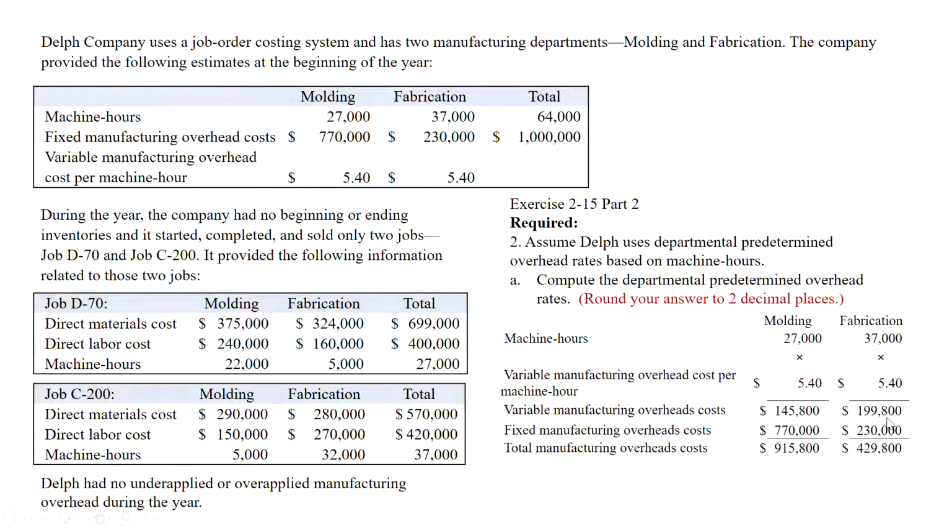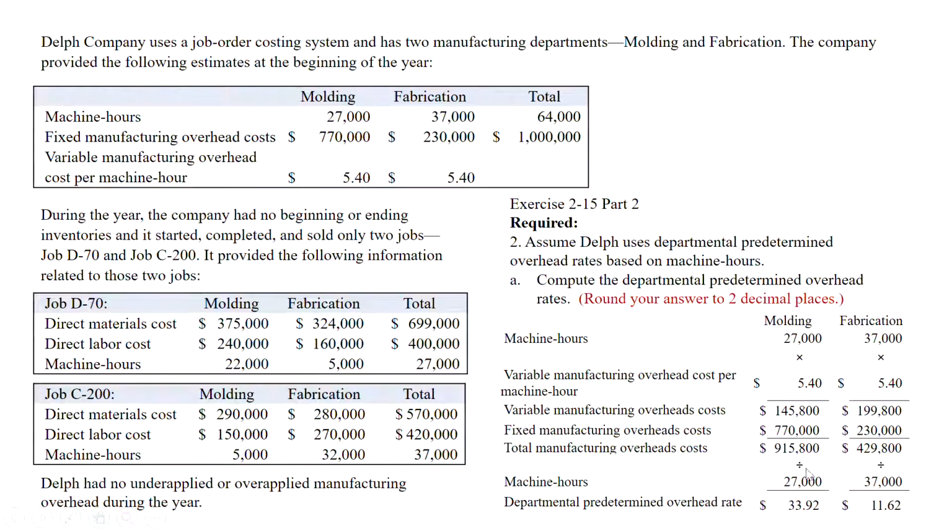Going over to fabrication, again, our individual variable manufacturing overhead estimated cost was $199,800. Add to that our total estimated fixed manufacturing overhead cost of $230,000, and we get total estimated manufacturing overhead cost for fabrication of $429,800. So we're separating out these individual buckets.